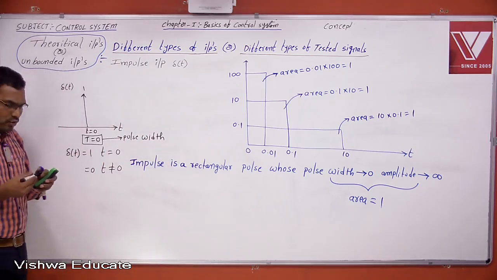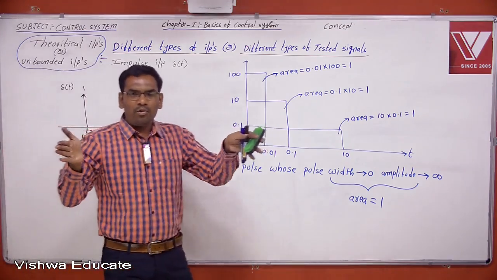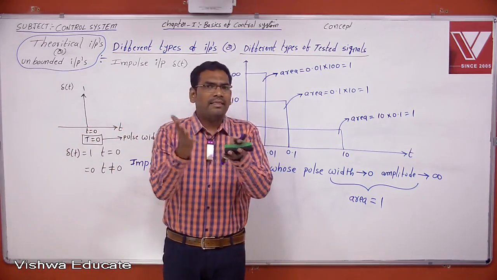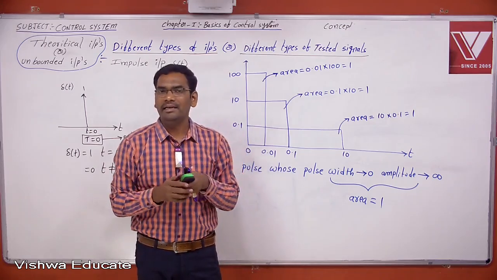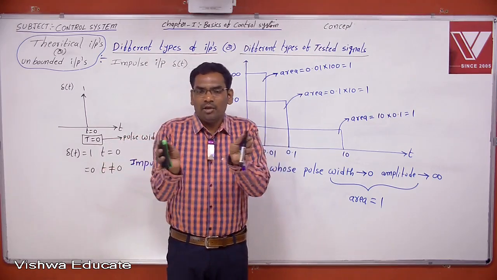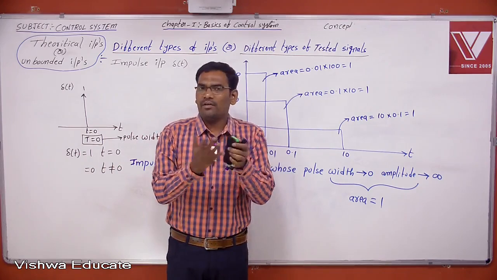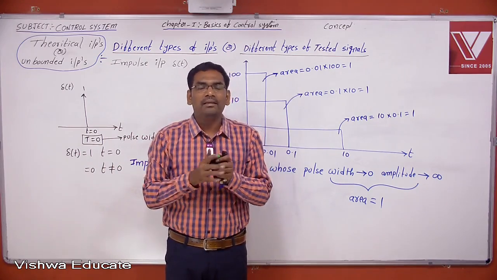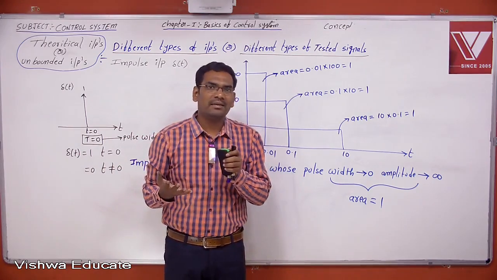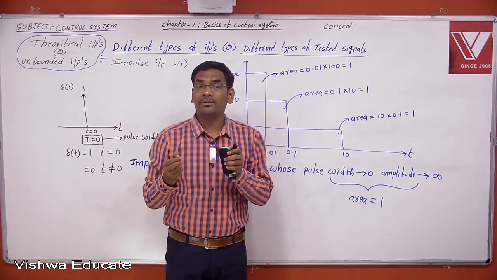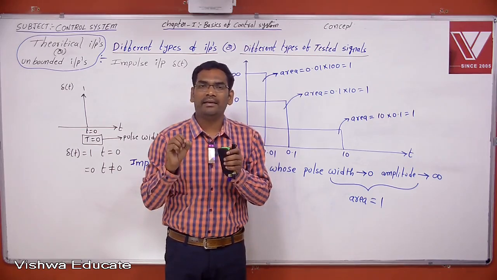Can you see a rectangular pulse whose pulse width is equal to 0? That we cannot see. Practically, a rectangular pulse whose pulse width is 0 does not exist, which we cannot detect. That's why this does not exist practically, but this is the best input for all theoretical mathematical calculations.